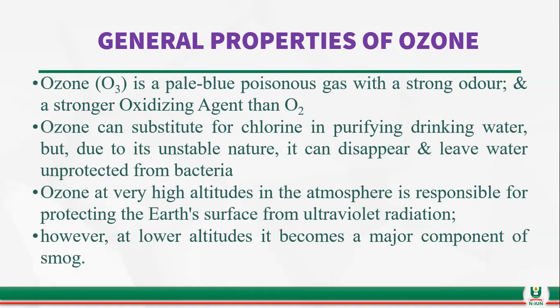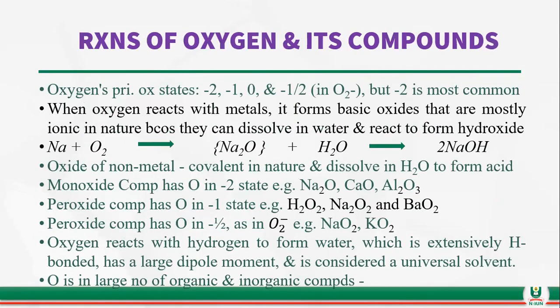So ozone at high altitude is a good protection against ultraviolet rays that are not good for man. However, if it appears at low altitude, close to the human living line on Earth, it becomes a major component of smoke, and that is not good.